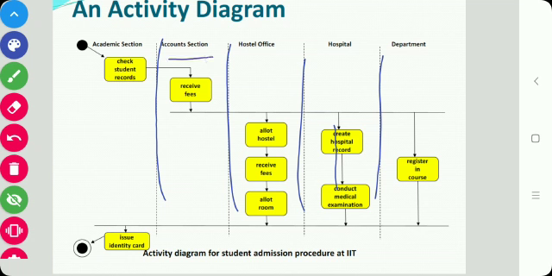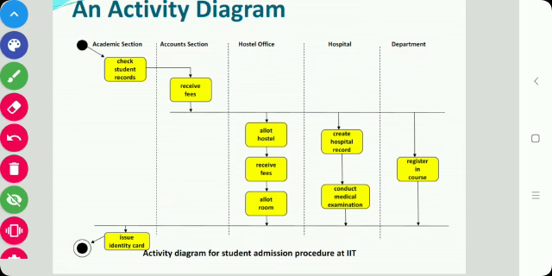For example, account section, hostel office, hospital and department. So, first this is the start of that activity diagram. First the student records are checked, and that student will pay the fees in the account section.